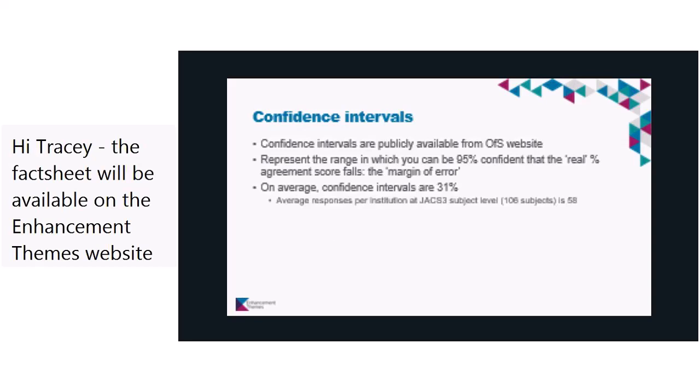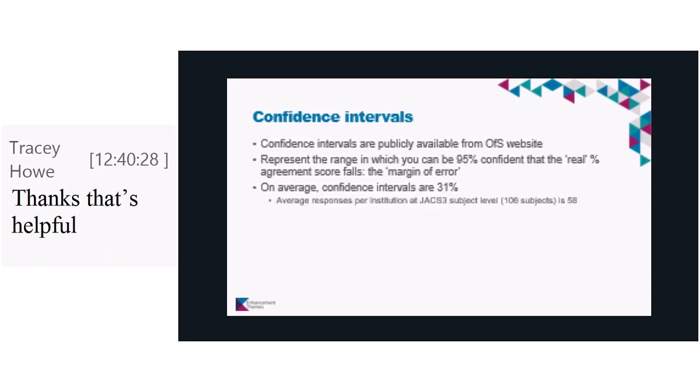So that means that when you're talking about that subject level, on average, an institution has 58 students responding to the NSS. And on average, the confidence intervals are 31 percentage points. So if you have a score of 70%, on average, the confidence intervals will run from 55% to 85%. And that is the range in which you can be confident, 95% confident, that the real value falls.